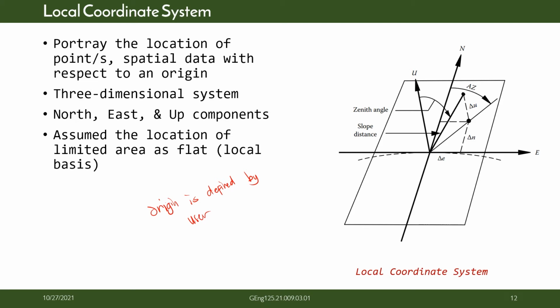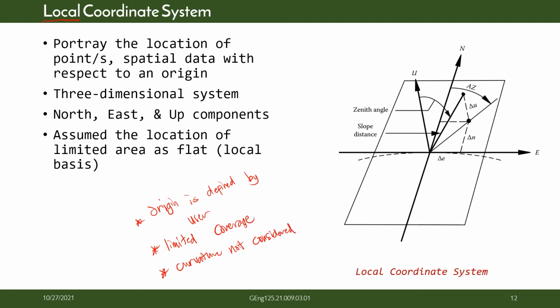As the title says, it is local, meaning limited coverage, and curvature is neglected. Curvature is not considered.